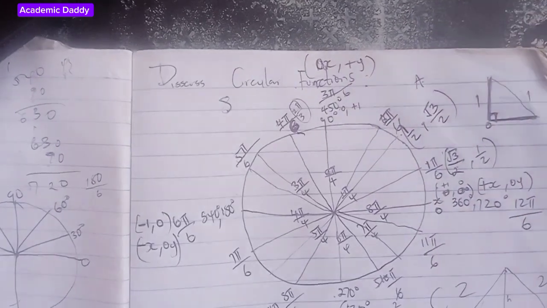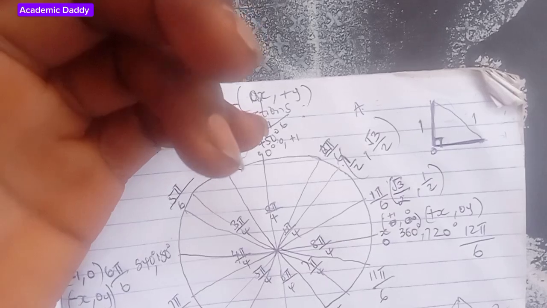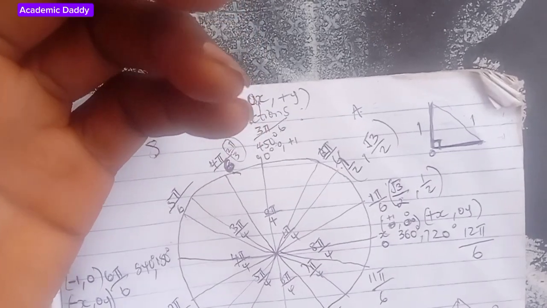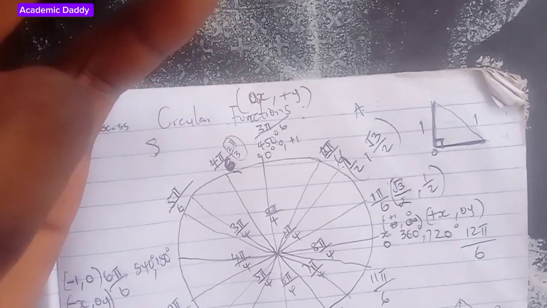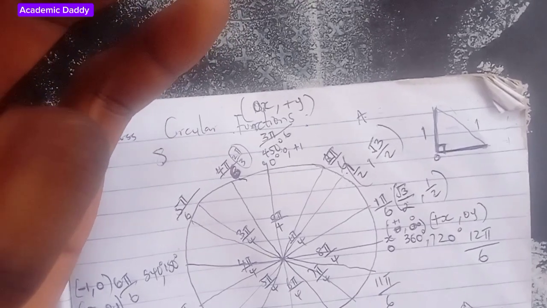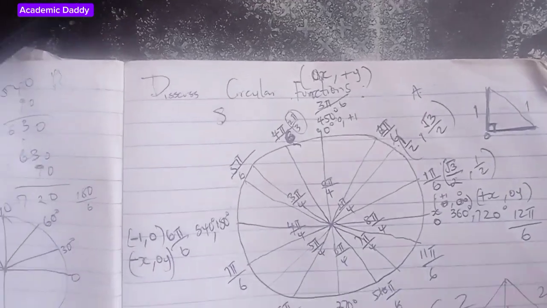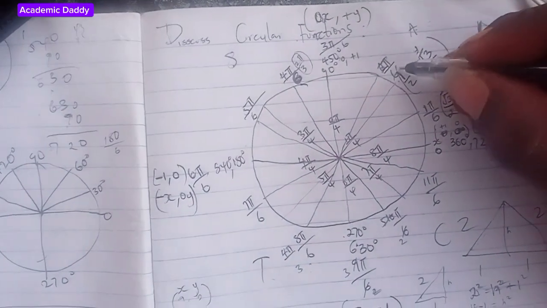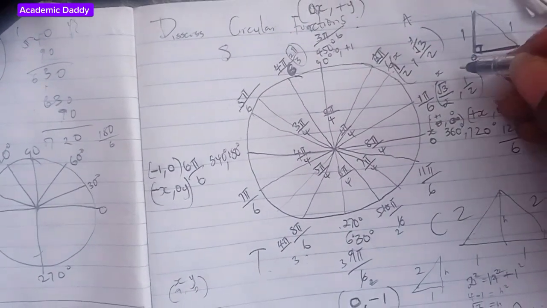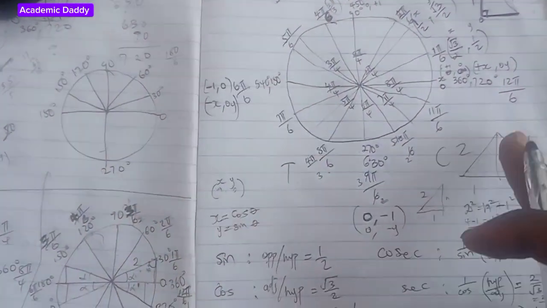Just flip it. So cos 60 is half. Sine 60 is root 3 over 2. And this thing means x-axis, y-axis. So this is how you normally see all those things running around.